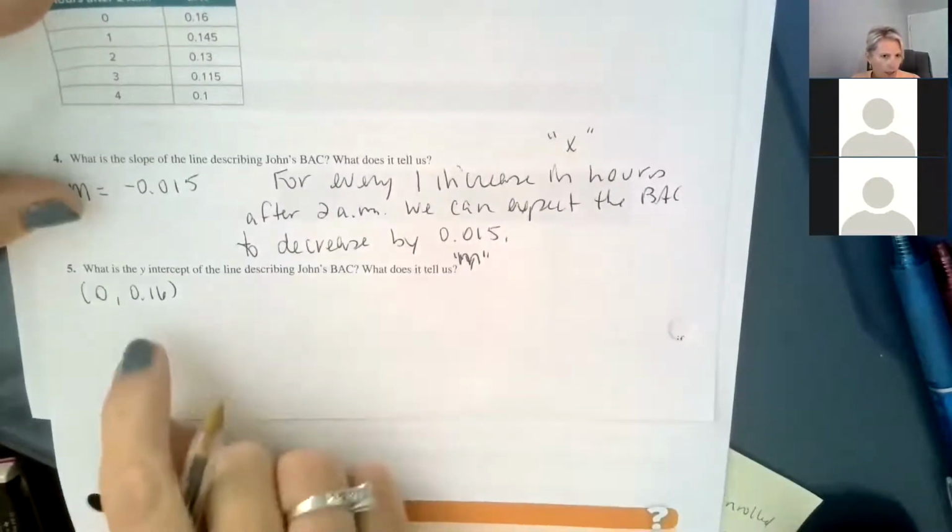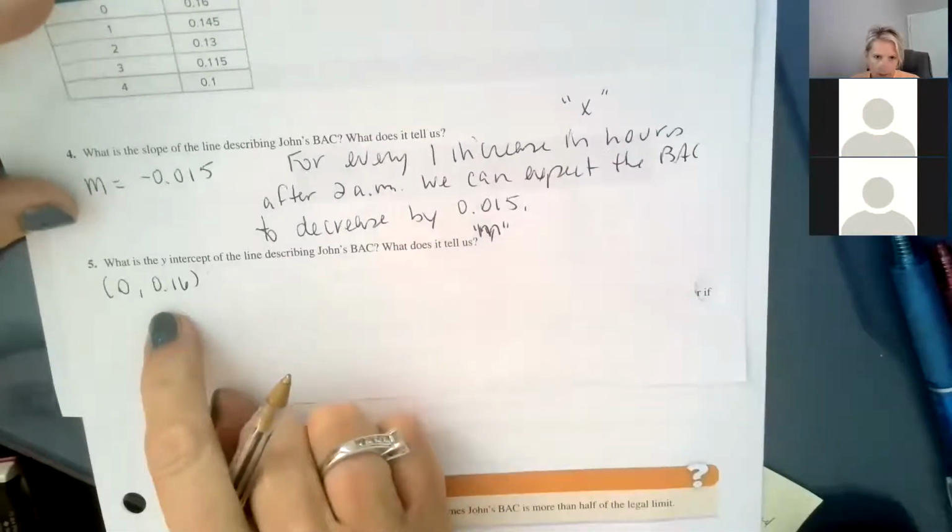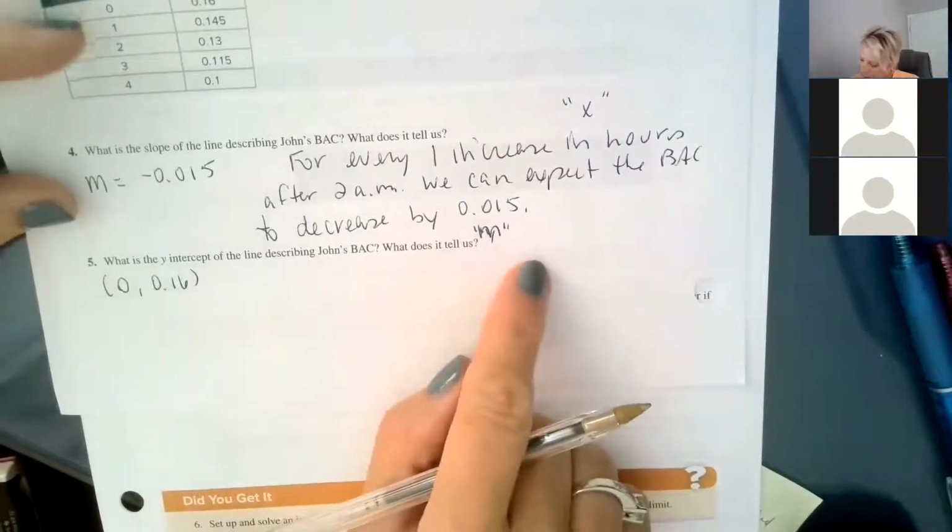And then 5 says, what is our y-intercept? And there it is. And it says, what does it tell us?